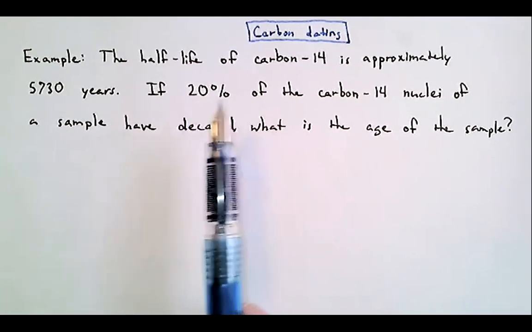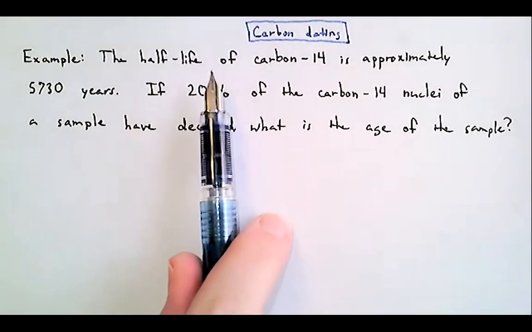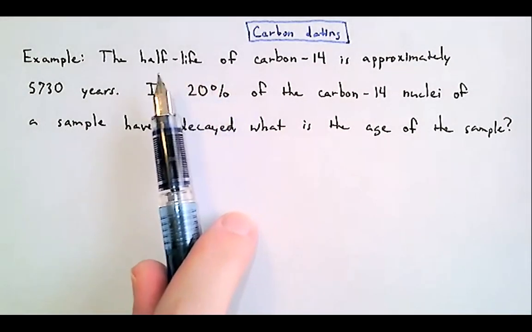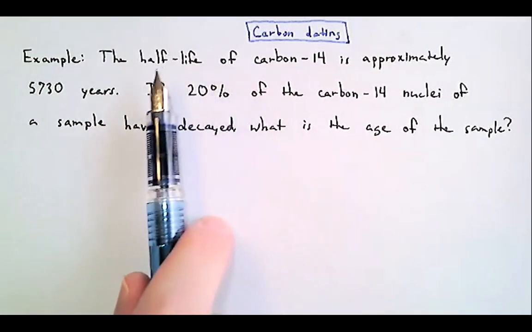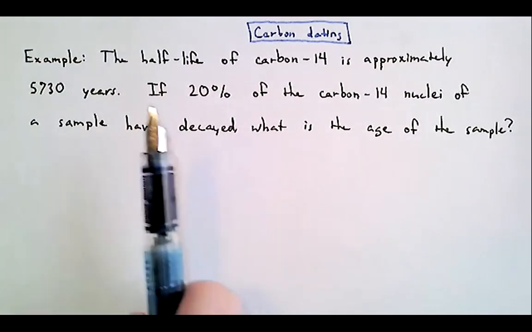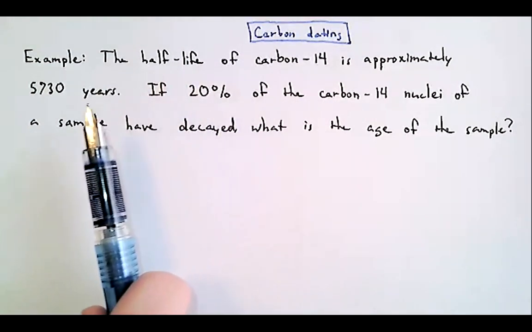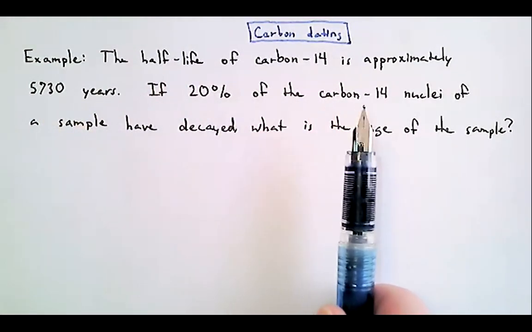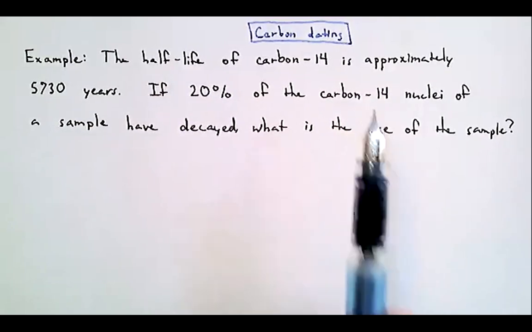So if you're wondering a little bit about what I mean here, things that are living, that are growing, build their bodies and such, like you could imagine a tree trunk or even your own body, and a certain proportion of the carbon-14 in nature is constant.